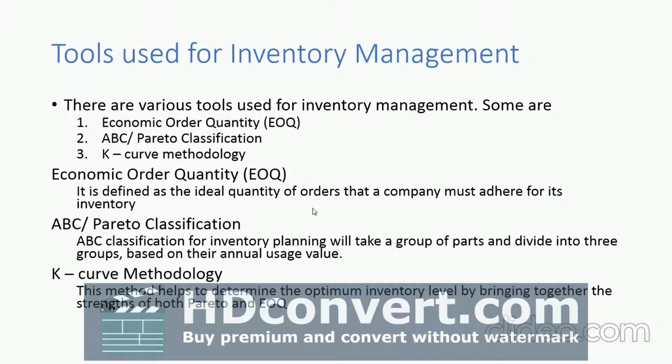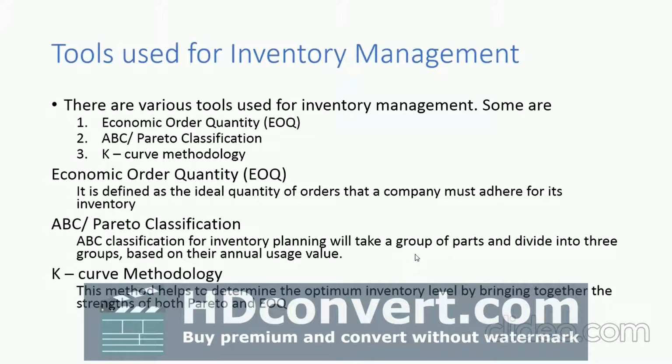Next, Pareto classification. Pareto classification is used in inventory planning cases. It will take a group of parts and divide them into three groups based on their annual usage value.